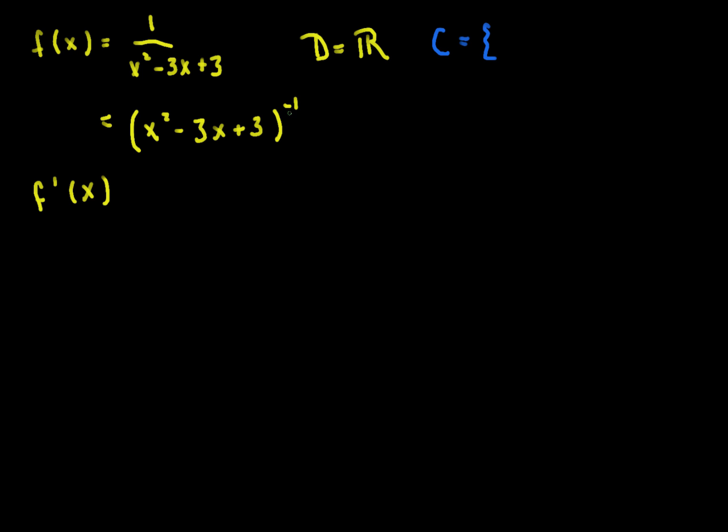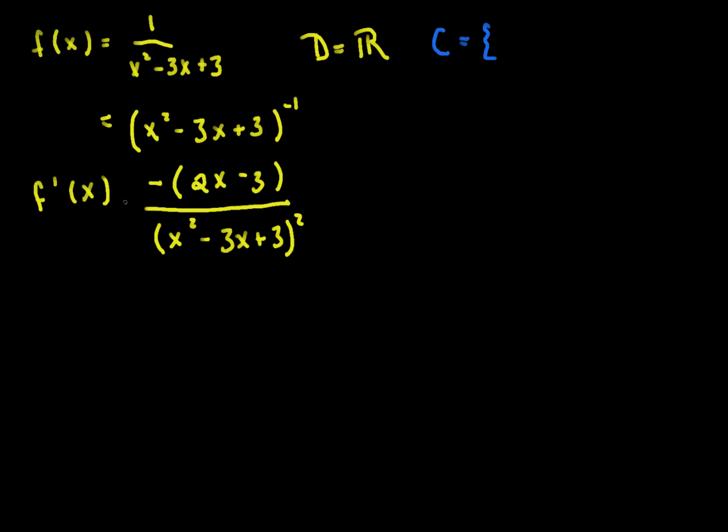So I'm going to get a negative coming down from my power rule. Chain rule says I've got the derivative of the interior, which is 2x minus 3. And then on the denominator, I'll get the quantity x squared minus 3x plus 3 squared.